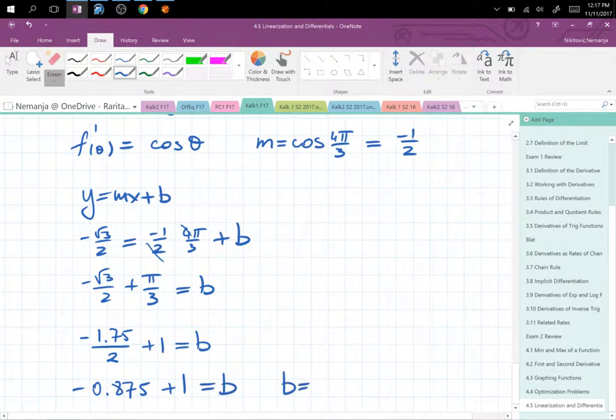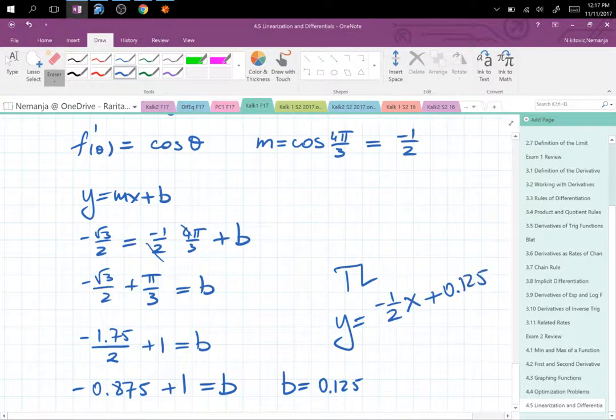So b is 1 minus this, so positive 0.125. And the slope we said was negative 1/2. So the tangent line calculation worked out to be y equals negative 1/2 x plus 0.125.